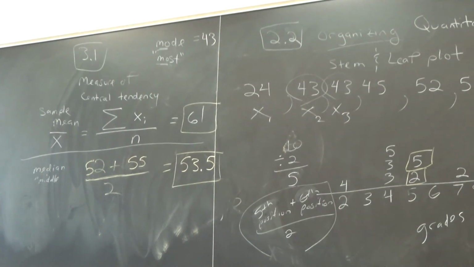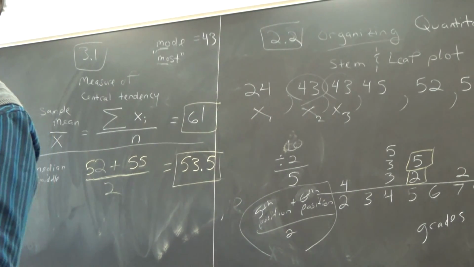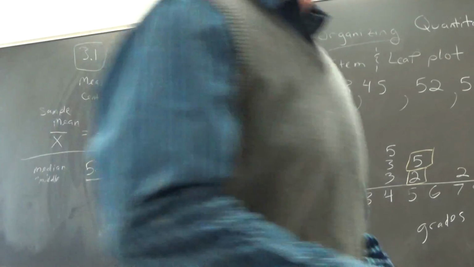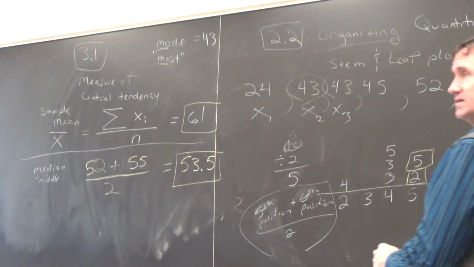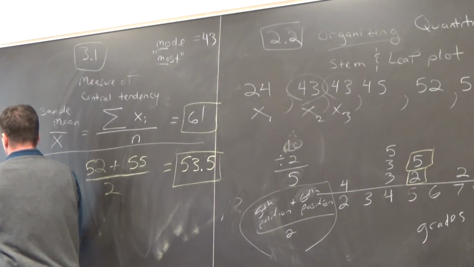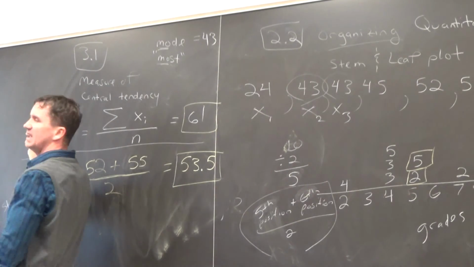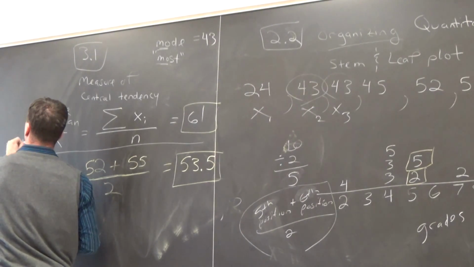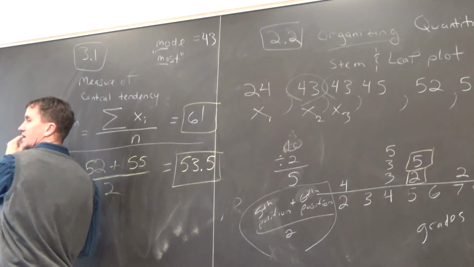But if your data is skewed, like skewed to the left or skewed to the right, what's a better indication of the middle? The median. Someone got that? So if your data is skewed, it's better to report the what? The median. If your data is bell-shaped, it's better to report the mean.